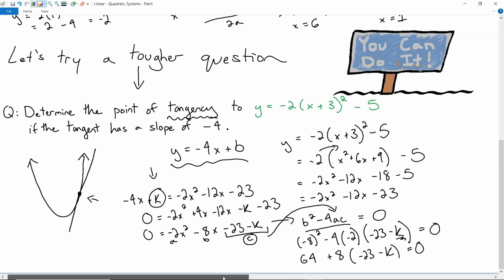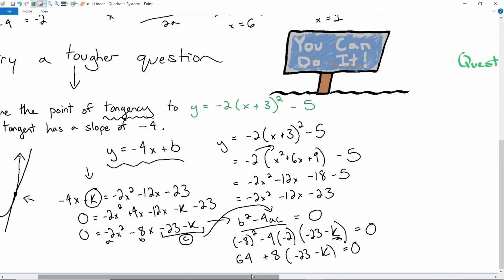I'm running out of space. Let's see if I can just sneak some more info here. So let's continue. And this will give me negative 120 minus 8k equals 0.